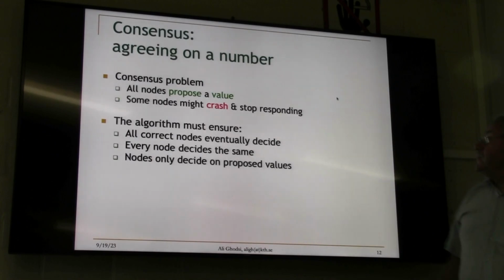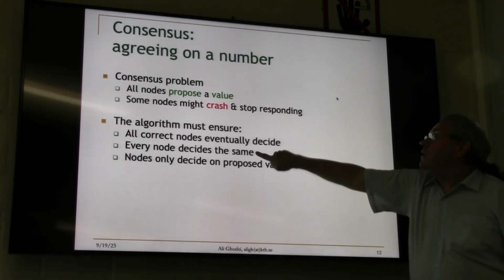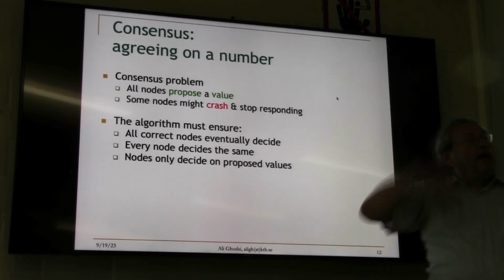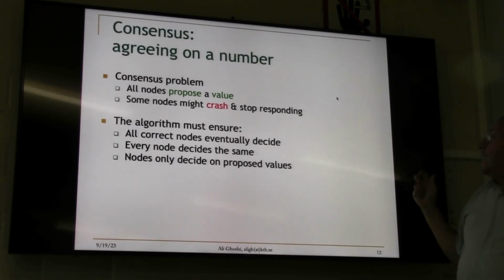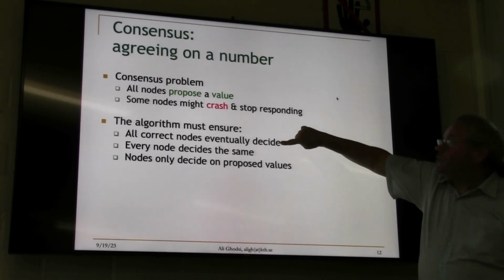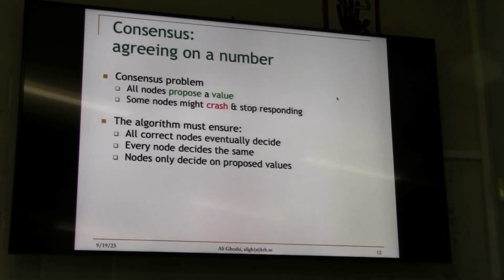Okay? Because they don't have to decide the same. Or if you forget the first one, each node decides the same, and they only decide on proposed values. Fine. Then you just kind of broadcast, and some of the nodes maybe will get the value and decide, but all nodes will not decide. Okay? So 2 out of the 3 is easy. The real problem is all 3 of those properties. Okay, so you can see the kind of problem we're going to solve.